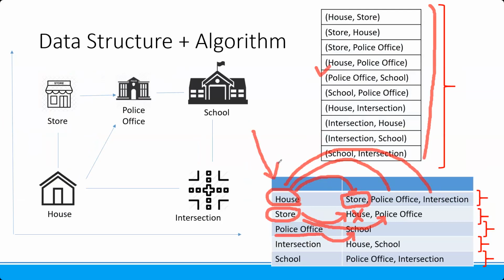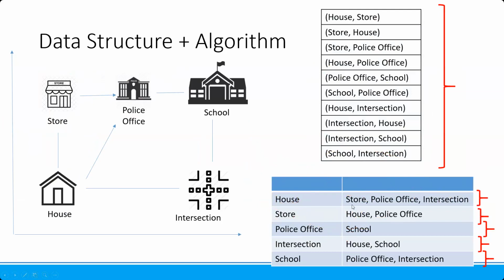This data structure is better because once you know the origin, you only check the alternatives from the existing destination. So you don't need to search all the data.